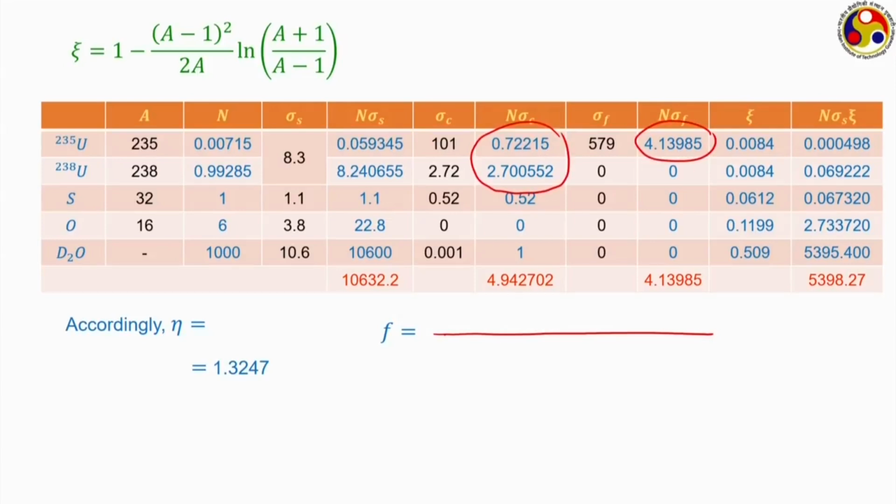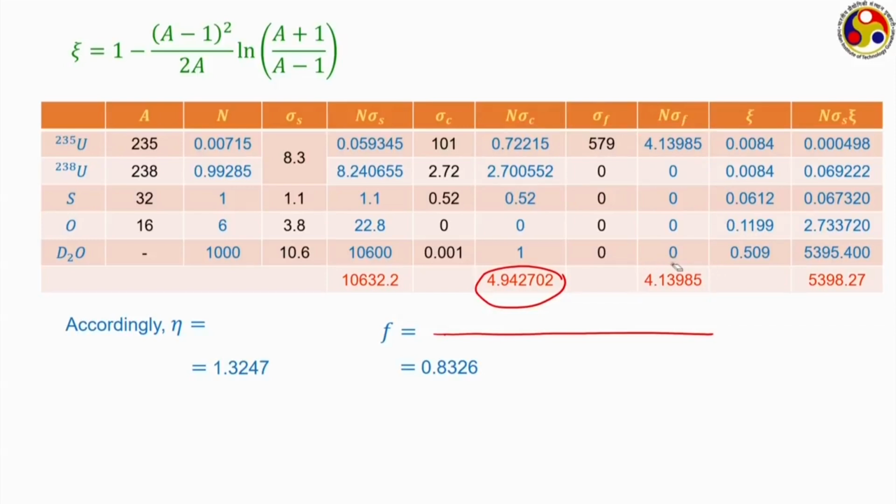And what about the denominator? Denominator refers to the total absorption cross section for all elements involved. So, denominator is this quantity plus this one. And once we put it back, then we get F equal to 0.8326.